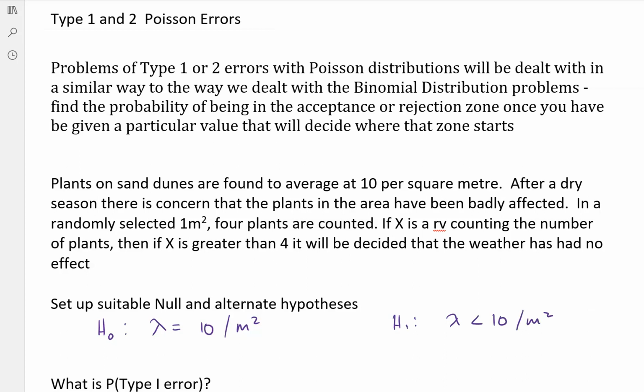And remember, we've got X as being the number of plants. It's a Poisson distribution, lambda is equal to 10 plants per square meter, and we're going to reject if X is less than or equal to 4, given that lambda is equal to 10.